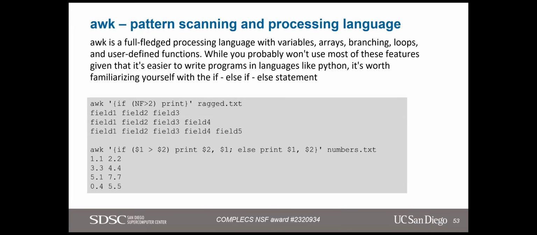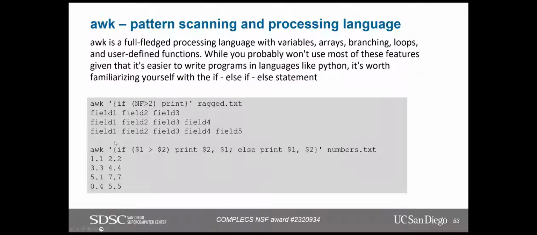So we'll have 2 examples. The first one is if the number of fields is greater than 2, then we want to print it. So if we have a bunch of fields and we want to just have what we would assume is complete data, which means that it has more than 2 fields, then we can go to the ragged text, and only the lines that have at least 3 fields are going to be printed.